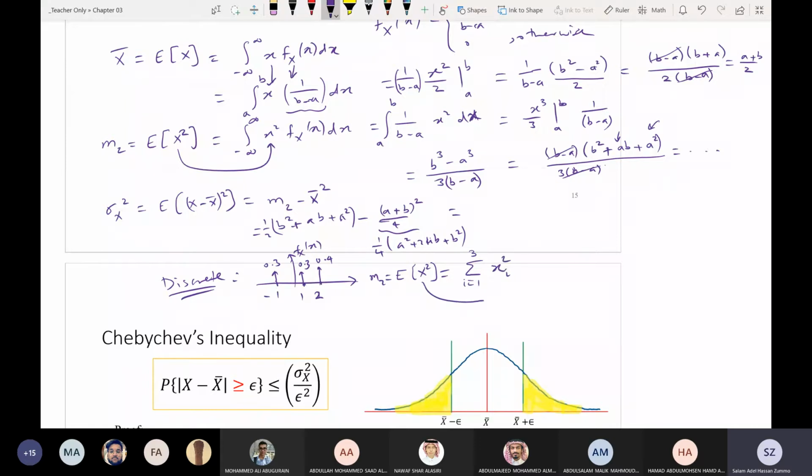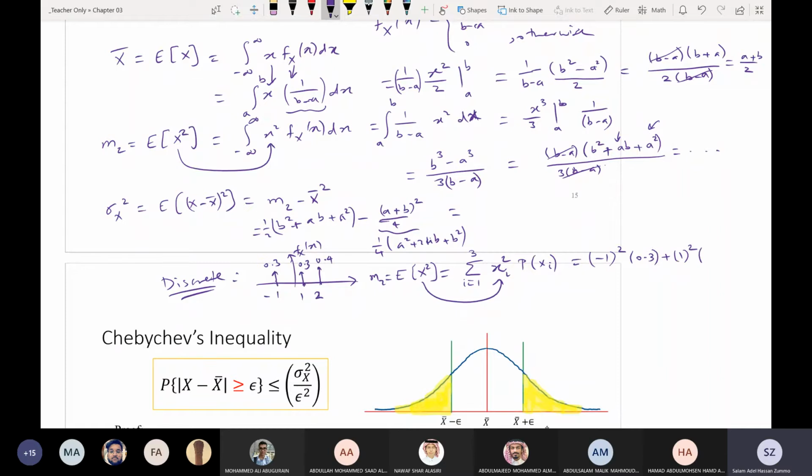So whatever is here, we square it, and then multiply by the probability of x_i. So the first x_i is minus 1, squared, multiplied by its probability. What is the probability of minus 1? 0.3. Yes. And then the next value of x is 1, squared, multiplied by its probability.